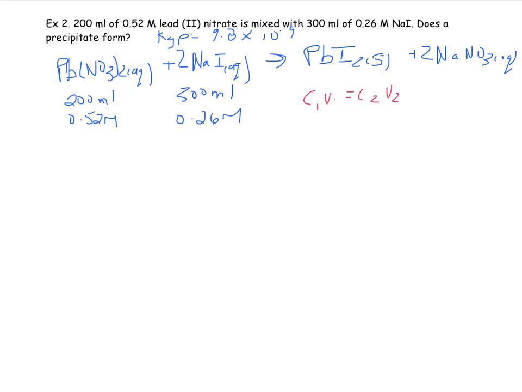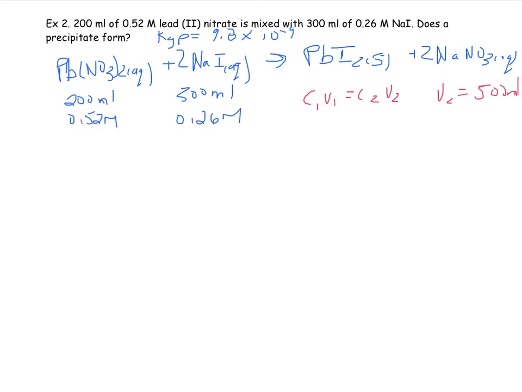And I use the combined volume of 500 mils. This will tell me what the concentration of the lead and the iodine will be once they've been mixed together but still haven't reacted yet.